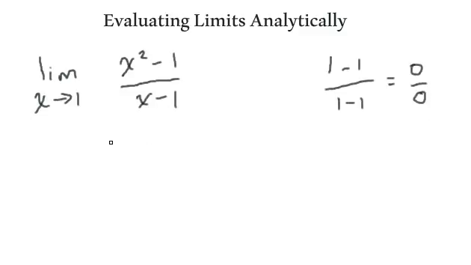So what we want to try to do here is see if we can factor some things out and cancel and get a new function. Alright, so let's just do that. So I'm going to rewrite the limit as x approaches 1.